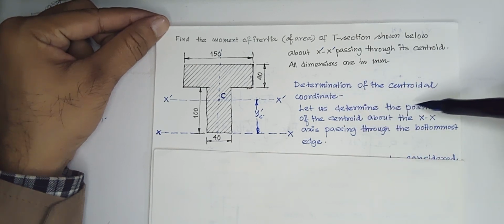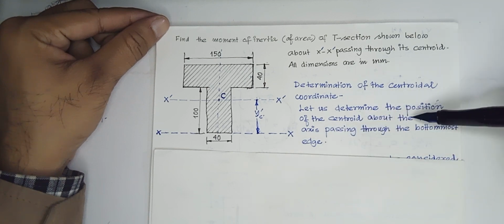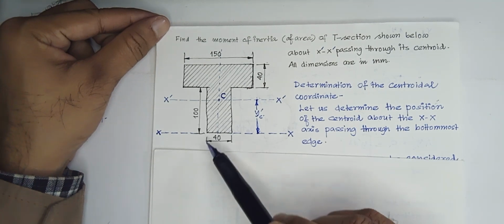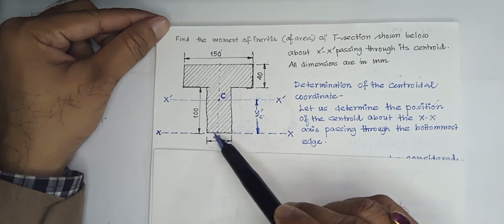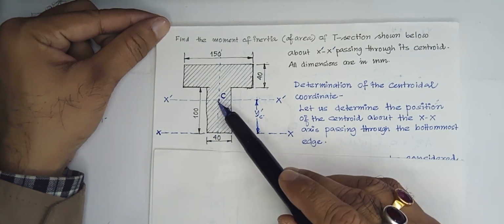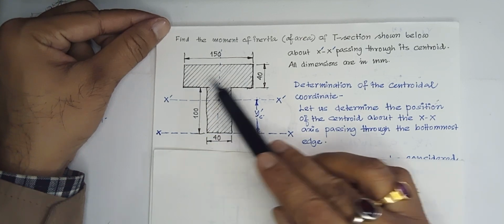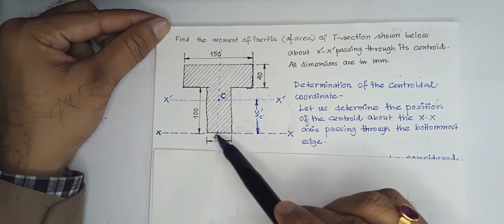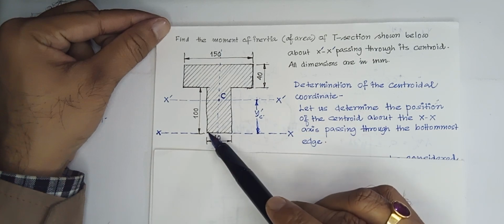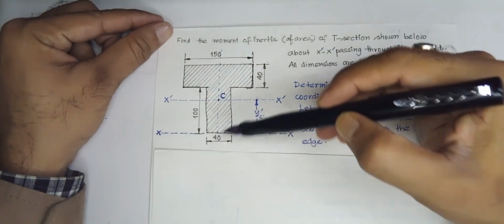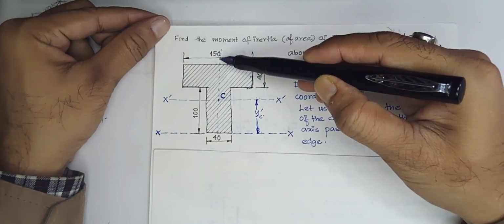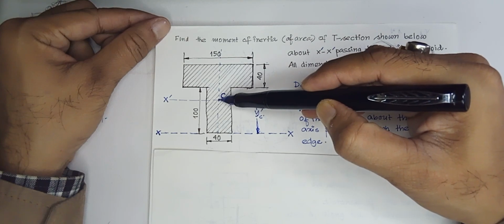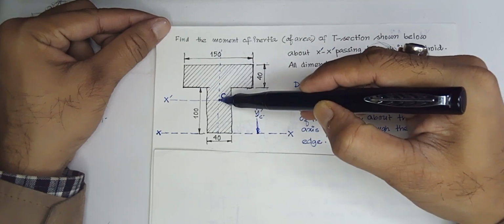Let us determine the position of the centroid about the x axis passing through the bottommost edge. So this is one reference. From that we will first determine what is the position of C. Now from the symmetry we know that the centroid will be on this line. So along the y-axis what is the x position, that is known, but what is the y distance, that is not known.